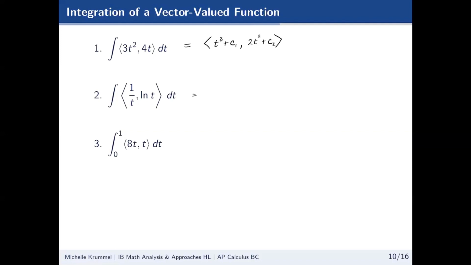Number 2, again, we're just going to integrate that x component. So the integral of 1 over t dt is ln absolute value t plus c1. And then the integral of ln t. Now the integral of ln t, that's one that I just have memorized. It's not an easy one to remember.